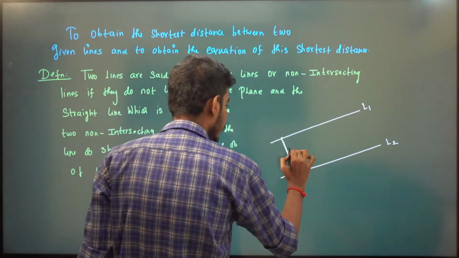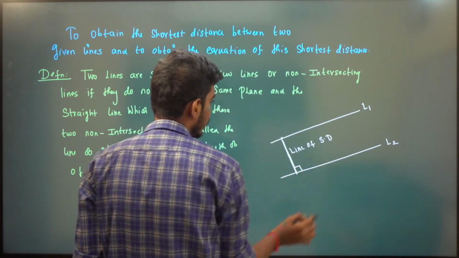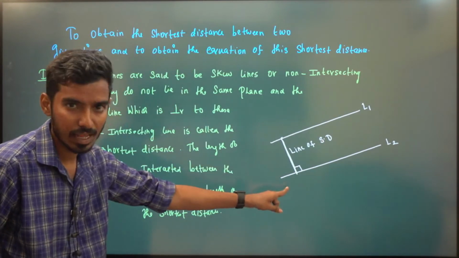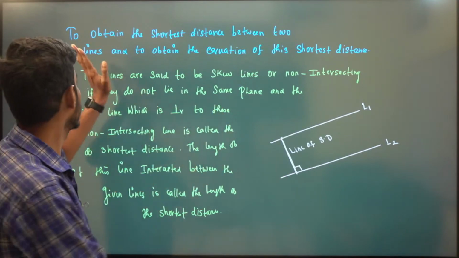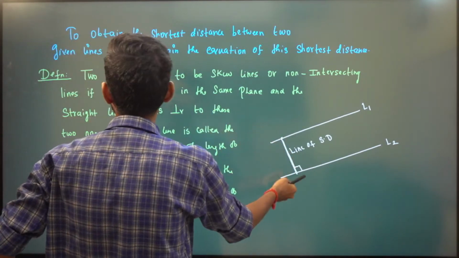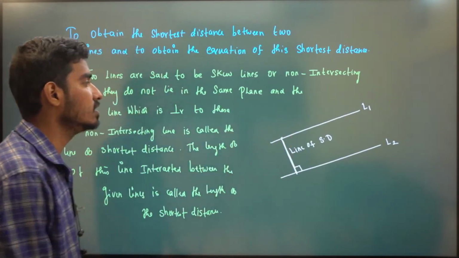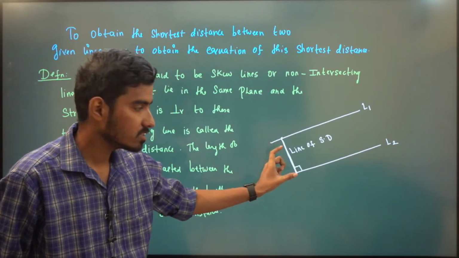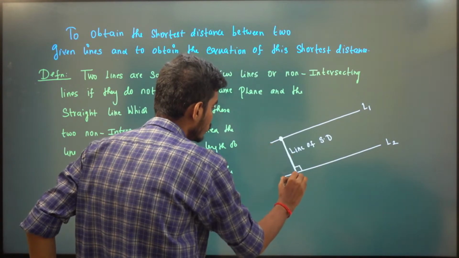This is the line of shortest distance, and we're going to find the equation of this line as well as the shortest distance between these two lines.